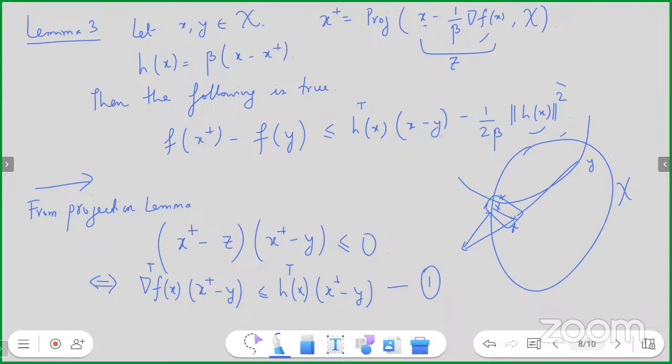How much is this quantity? It is simply, by Cauchy-Schwarz, norm of this times norm of this. And that will be sufficient for me. Two things I want to extract from this lemma. One, in consecutive steps, how much improvement I'm making in terms of f, and in the sth step or tth step, how far I am from x star. Both I can extract.